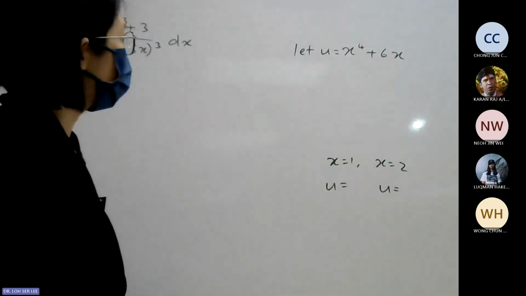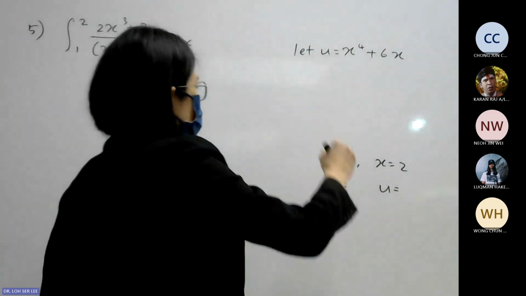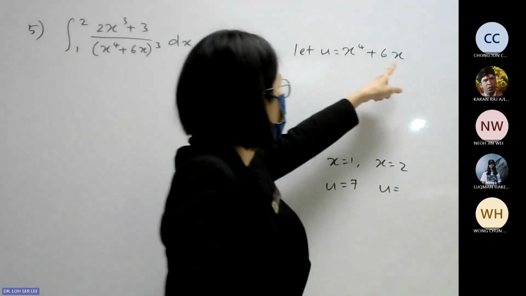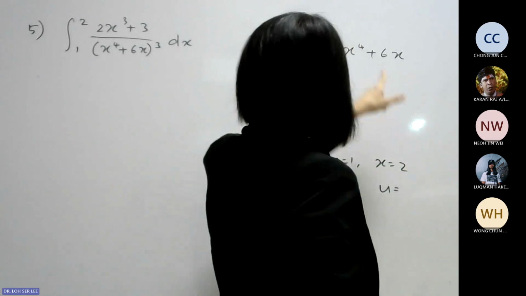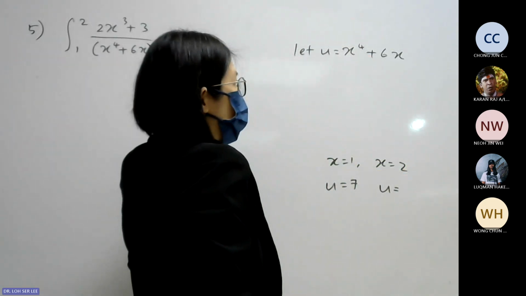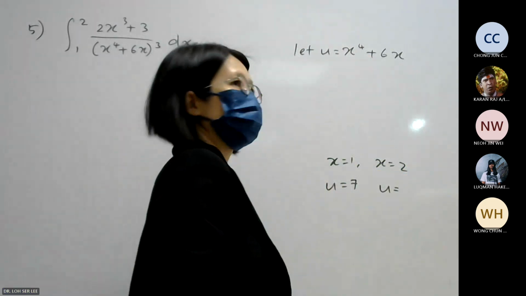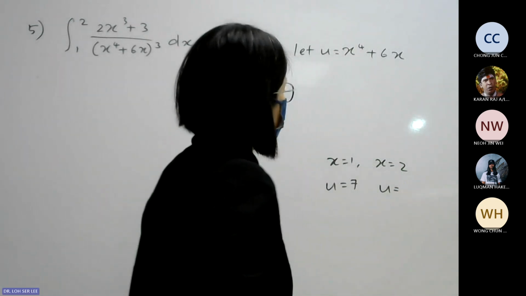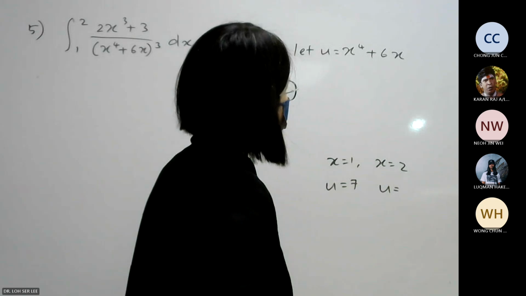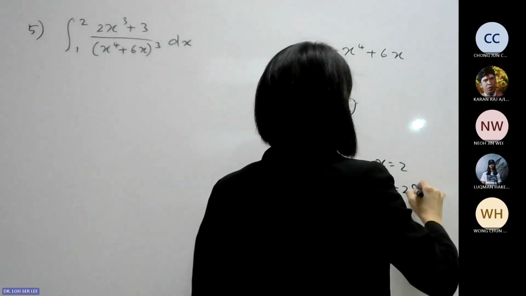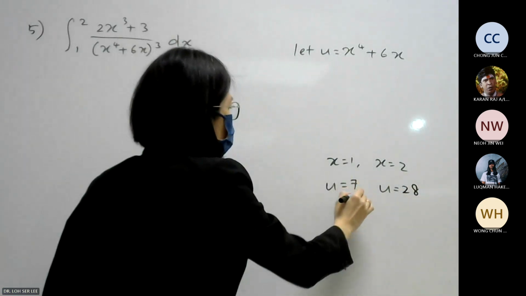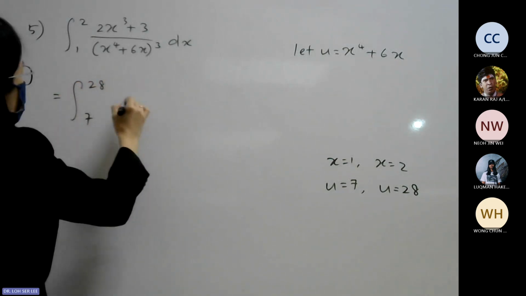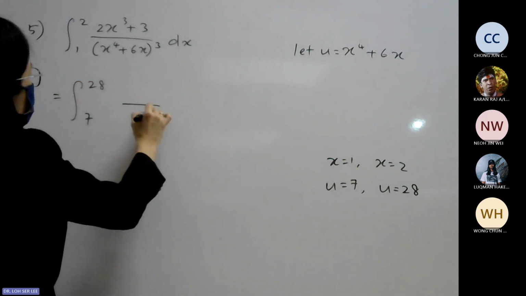When x is 1, your u will be 7. When x is 2, it is 28. So 7 to 28. This is your u cubed.